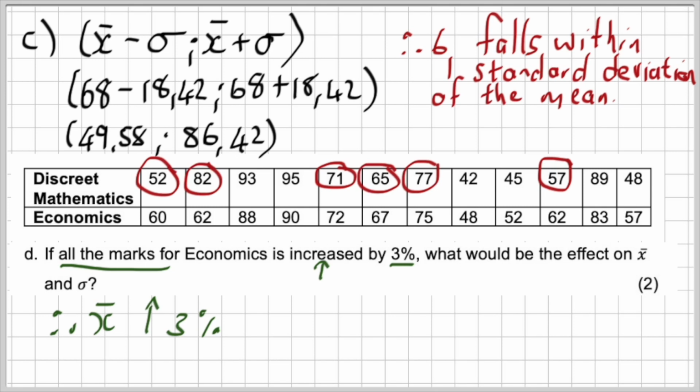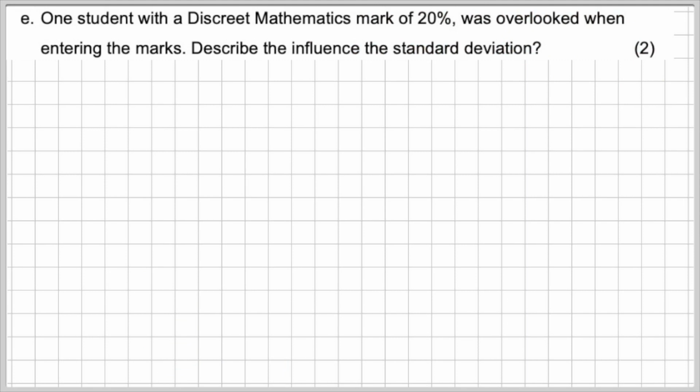It's the same spread, just a little bit higher. So my sigma remains the same, the same standard deviation. You can actually calculate it, and you will see that the standard deviation is exactly the same.